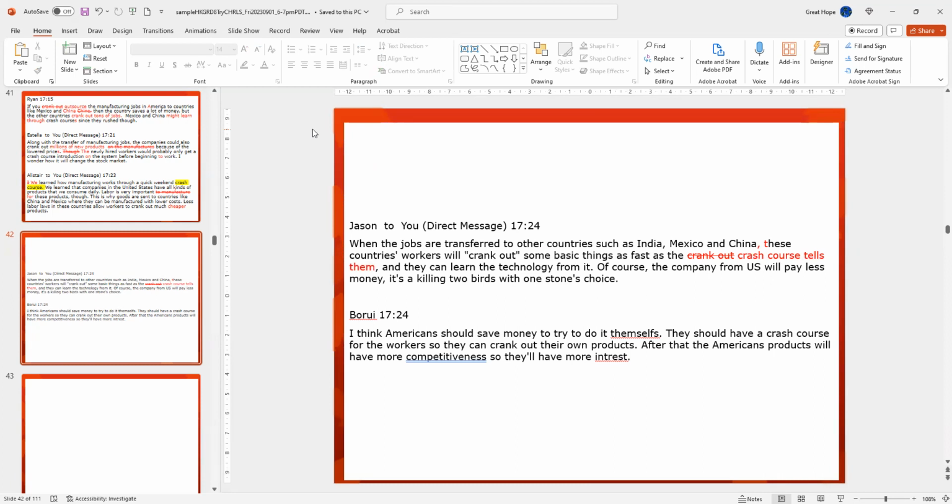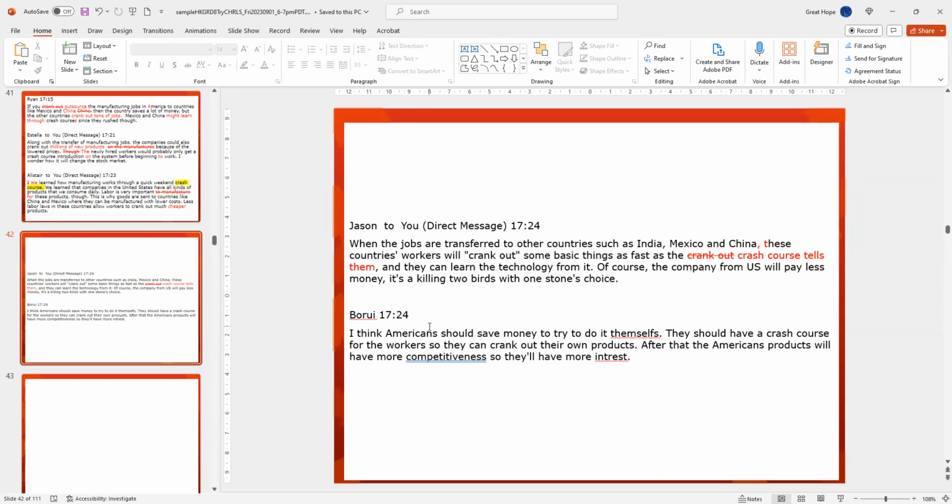All right, so when jobs are transferred to other countries such as India, China, Mexico, these countries' workers will crank out some basic things as fast as the crash course tells them, and they can learn the technology from it.